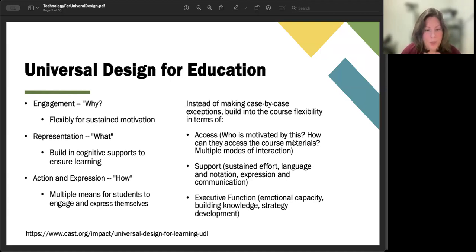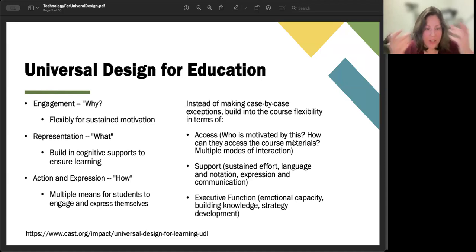And so I've put them here as 2 different lists of 3, but they're actually presented as a grid on the website. So on the one hand, we're designing for engagement. So getting students to, basically, it's all the stuff Pam talked about, and knowing why they're doing it and keeping them motivated. Also the representation of the what.